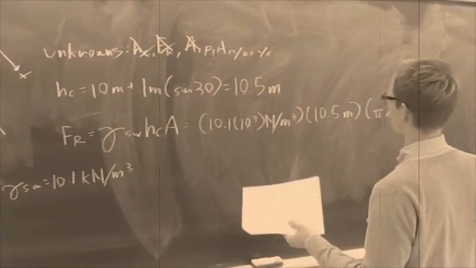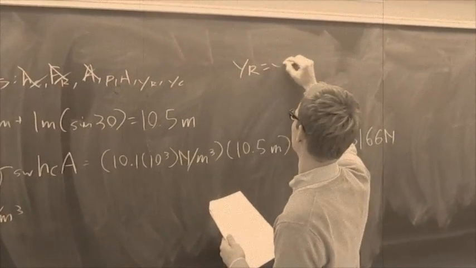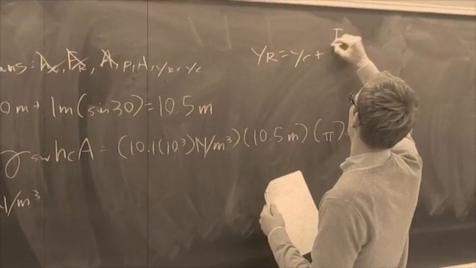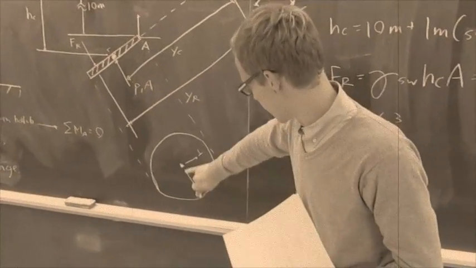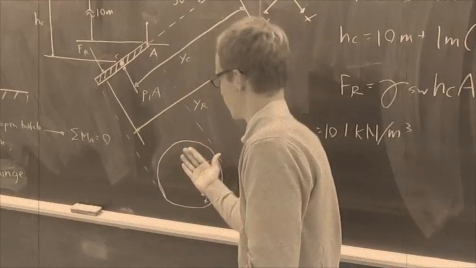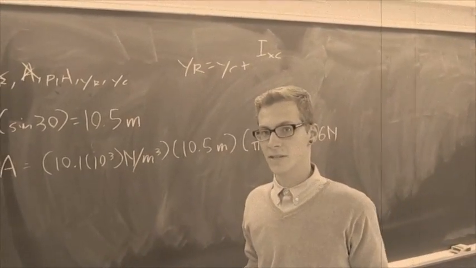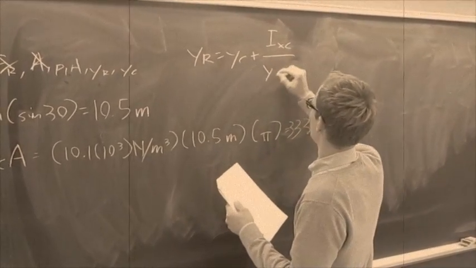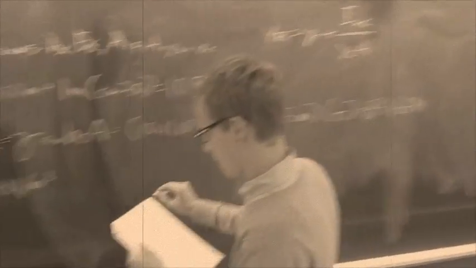Alright, the equation for Yr is given as Yr equals Yc plus IXC, the moment of inertia about the x-axis, because it's right there, and if this hinge is going to rotate, it's going to rotate about that axis when it swings up at the hinge at A. From a circle, no matter where you orient it, it's going to be the same, but that's how you know it's about that axis. Then over Yc times A. So for this, we need to know Yc.